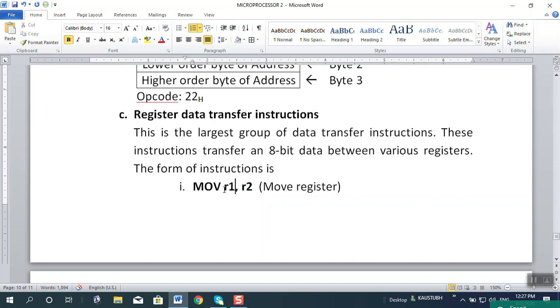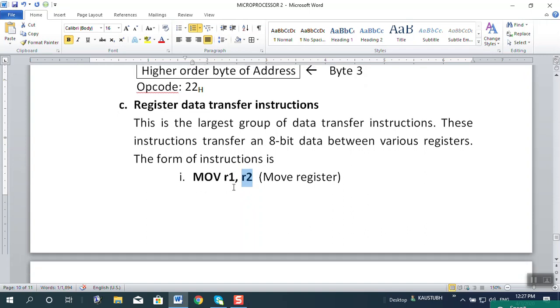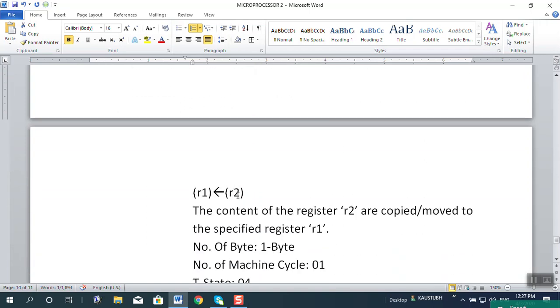Here R1 and R2 are any one of the registers A, B, C, D, E, H, L. Remember that the first one, R1, is the destination and R2 is the source. So move the content of register R2 to register R1. The content of register R2 is copied to the specified register R1.